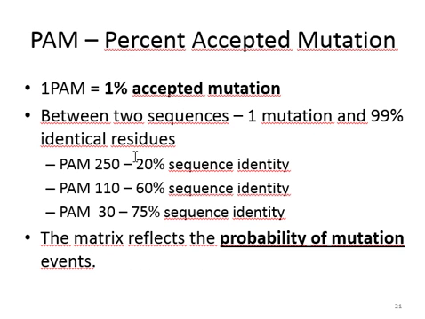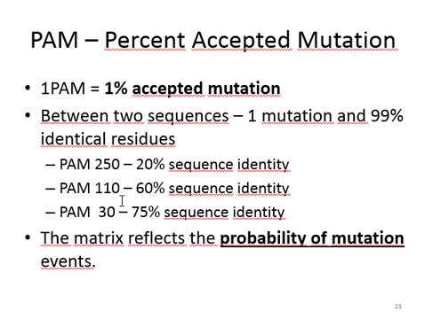And the scores and the index of this percent accepted mutation matrix are mainly based on the differences, the mutations that show up. So it's inversely corresponding to identity. So low identity between proteins has a higher index of PAM matrix.